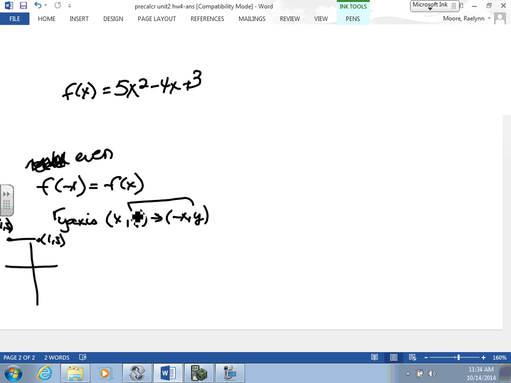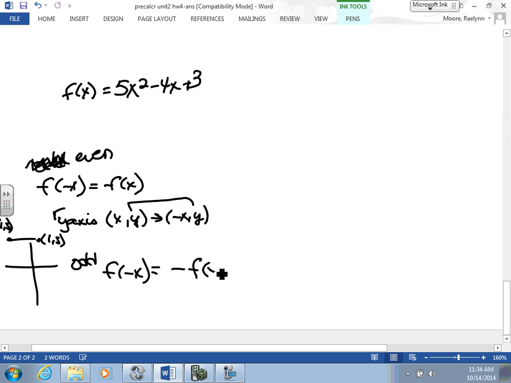If it's odd, when we replace this, it's going to come out to be the exact opposite of this function. And odd has a reflection through the origin.